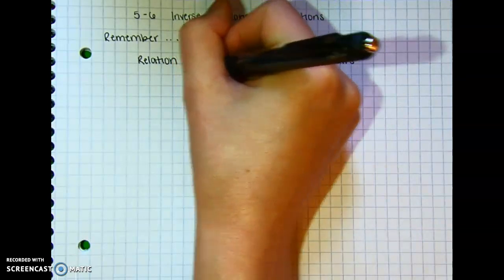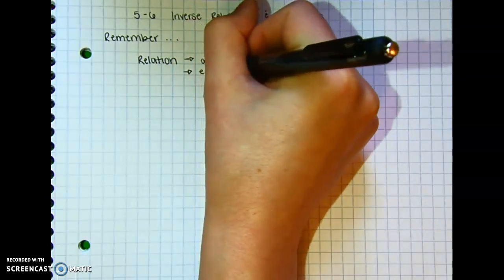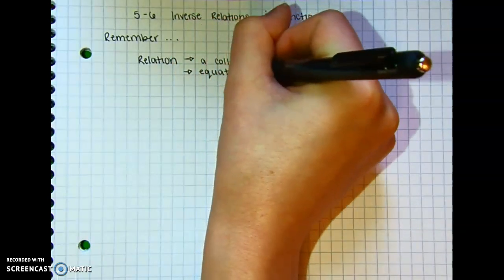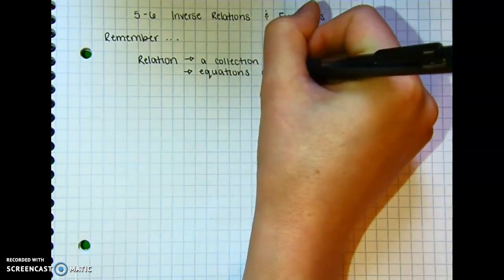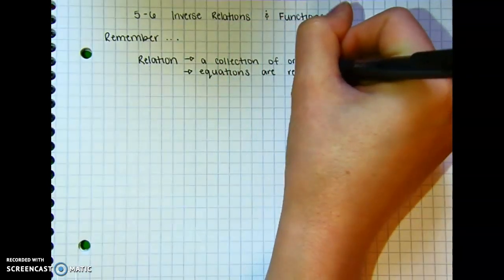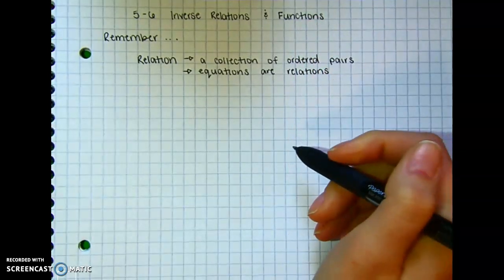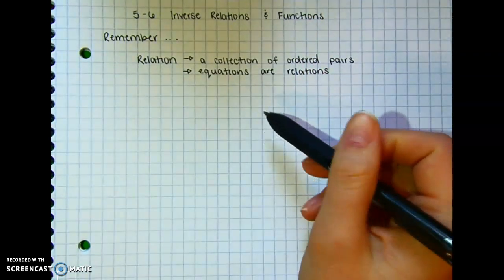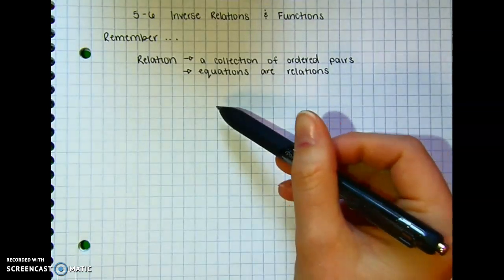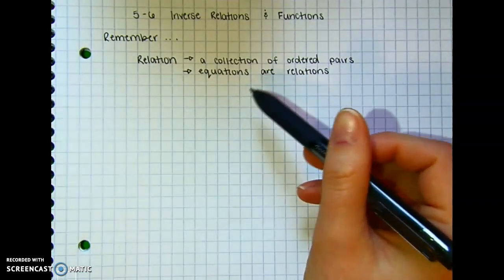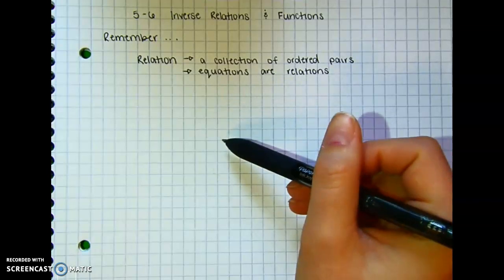Equations are also relations. It kind of has to do with that term relationship, because in order to get your y value, you need your x value, right? So they have this relationship with one another.